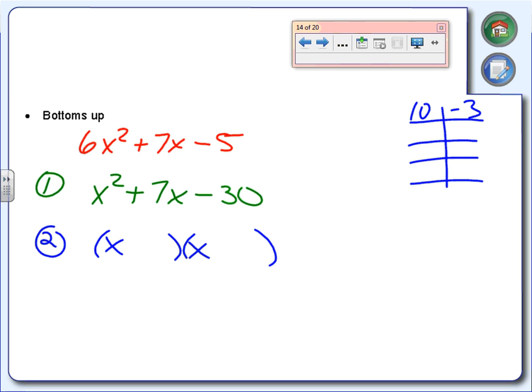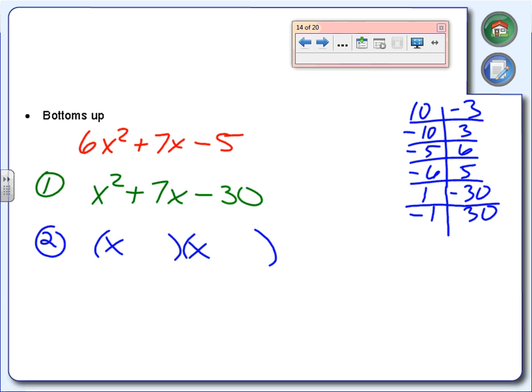What else? Negative 10 and 3. Negative 5 times 6. Negative 6 times 5. 1 times negative 30, which means we could also use negative 1 and positive 30. That's about it, right? All right, so now we have some numbers to play with.